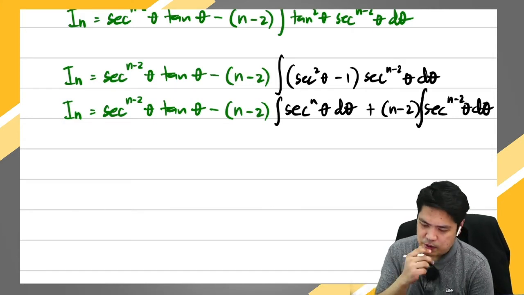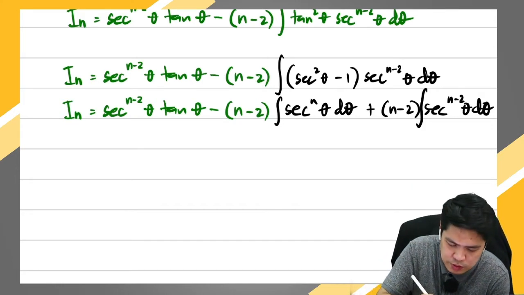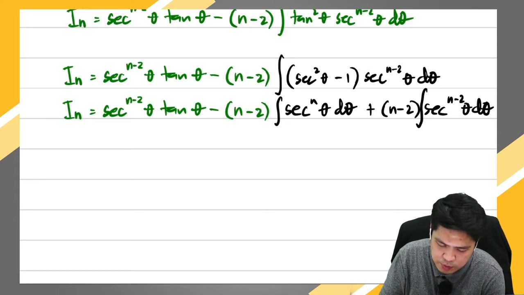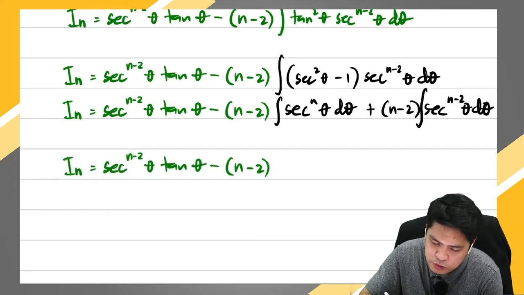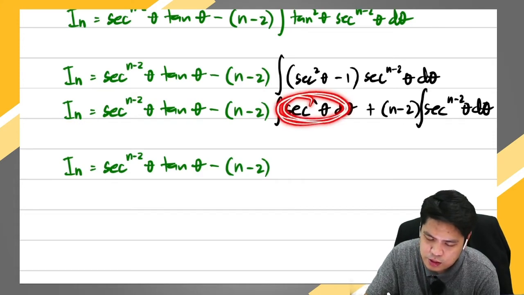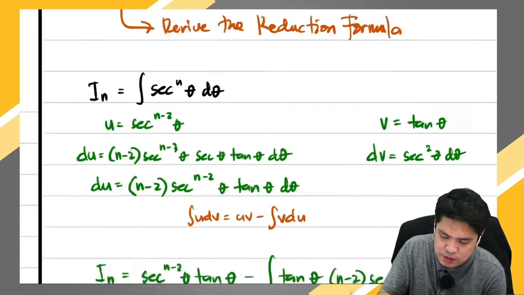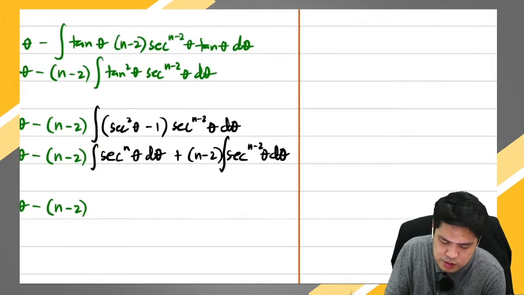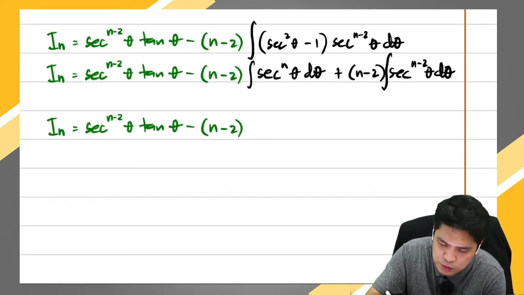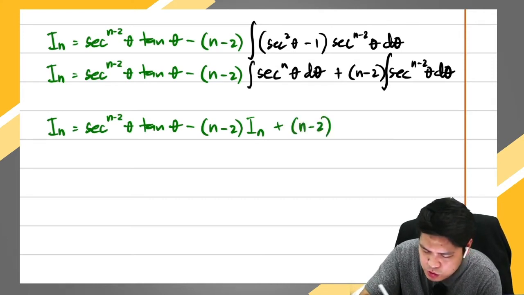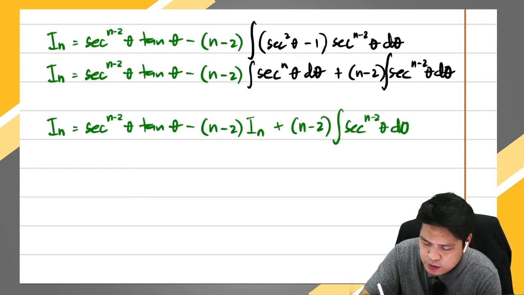Then, of course, the result would be, we know that this is equal to I, right? Ito yung sinusolve natin. Sorry, it's I sub n. So, ito siya, this is I sub n. So, I will change that to I sub n plus n minus 2 integral of secant raised to n minus 2 theta d theta.